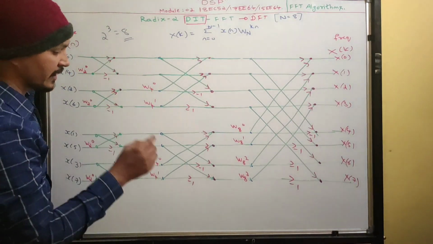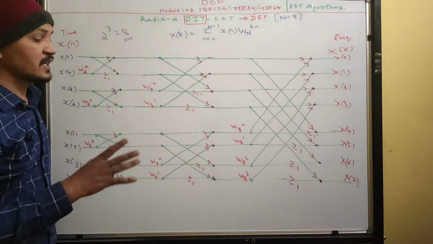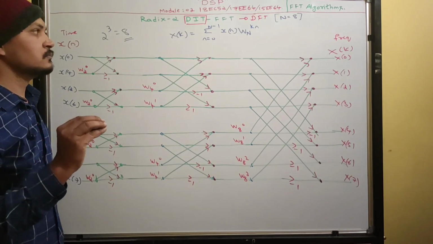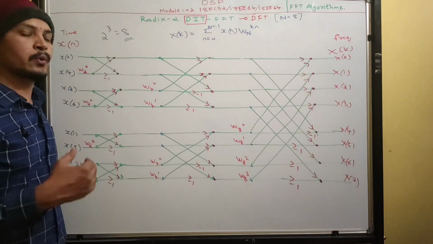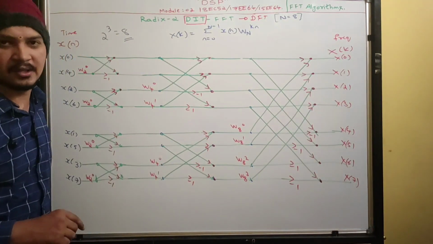Sir, why is -1 written here only, not in the top? See, there is a derivation, the decomposition of an N-point sequence into subsequences. By doing the derivation, ultimately we get a signal flow graph like this.